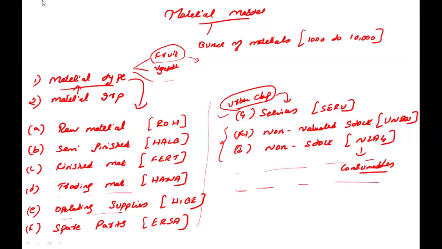If we are doing any services, like printer services, at that time they find out they need to change a cartridge or some spare part is required. In such a case, as per our point of view, how will it proceed? As I mentioned earlier, spare parts will come under ERSA and service will come under SCRV.